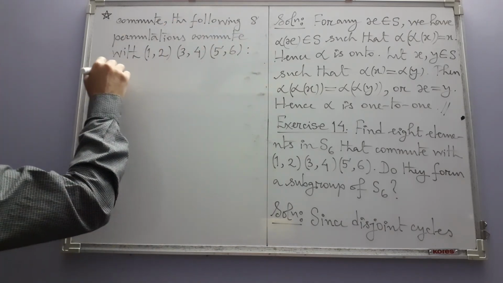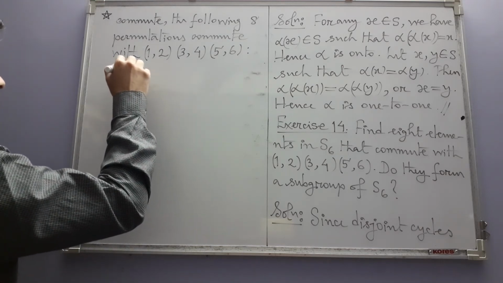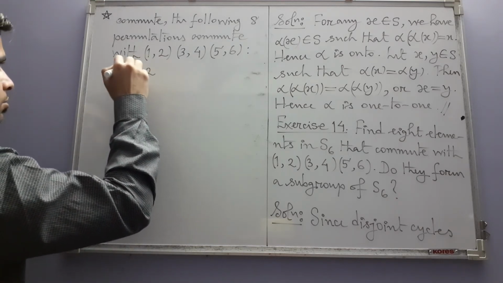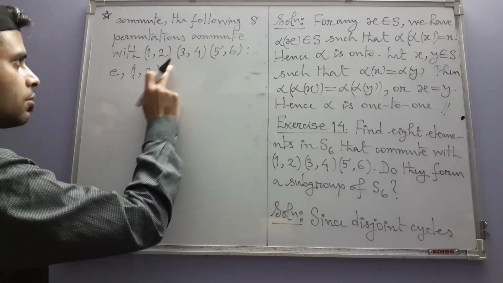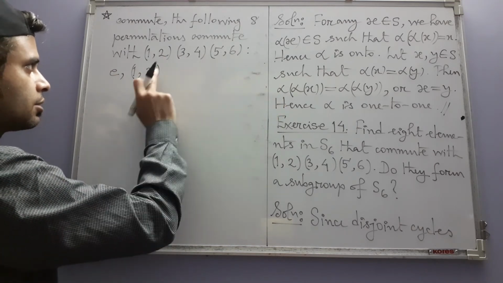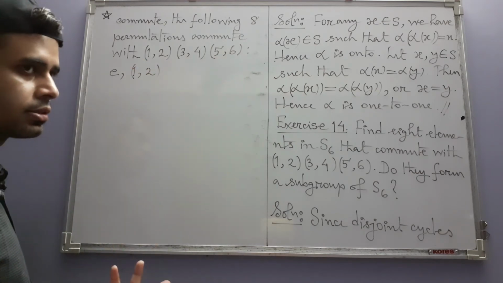The identity of course commutes with everything. (1 2) commutes with this and this because these are disjoint cycles, and (1 2) of course commutes with itself.